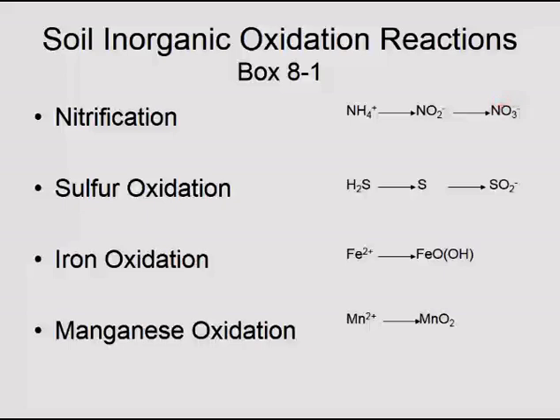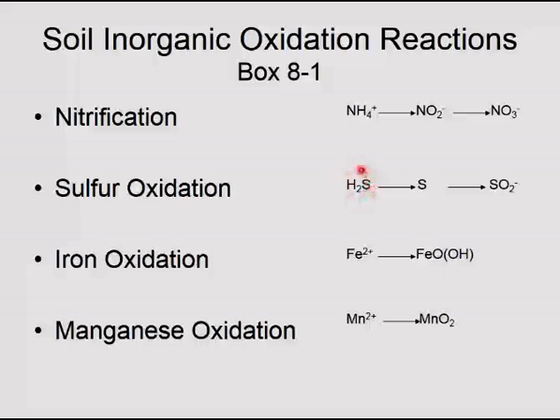So comparing the ammonium form of nitrogen and the nitrate form, you would say the nitrate form is the most oxidized. The opposite of that is to say that the ammonium form of nitrogen is more reduced than the nitrate form.